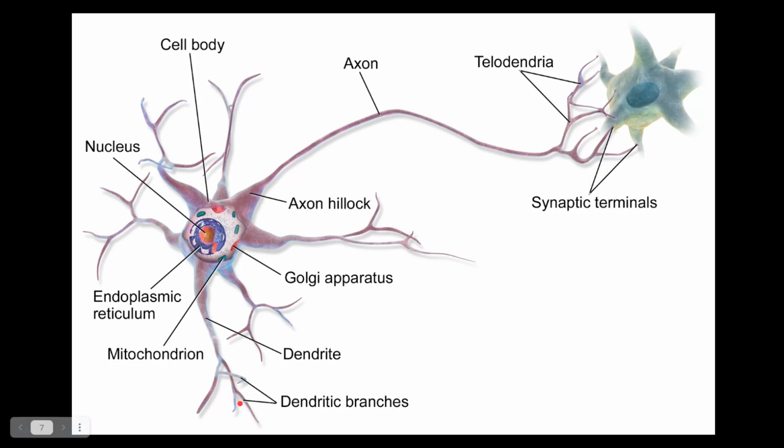All of these wire-like things over here that are relatively short receive information and bring it into the cell. The cell processes it and then sends a signal down the axon, which looks like a big long wire, through an electrical signal somewhere else.